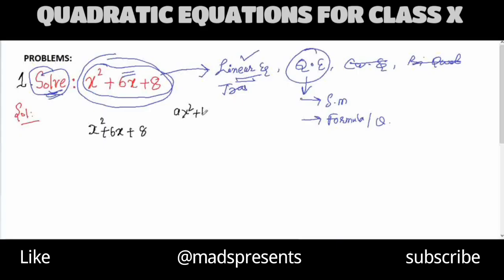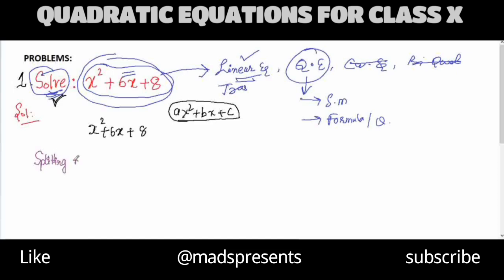If you compare this given equation with our general form ax square plus bx plus c, it is in order. The given question, x square plus 6x plus 8, is clearly in order, so we can compare it with ax square plus bx plus c.